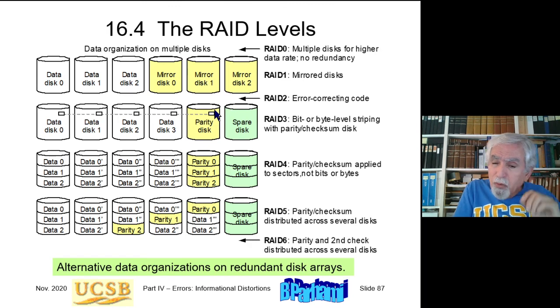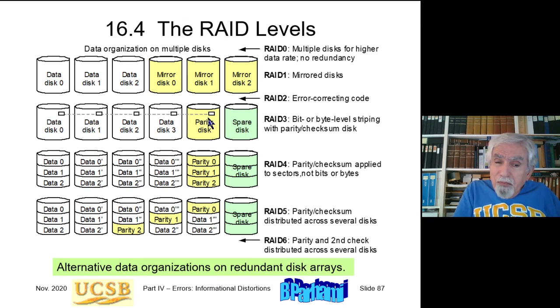So it takes hours and sometimes days to reconstruct the data on the spare disk. And meanwhile, during this long period of time, there's a chance that the second disk fails, and therefore you actually lose data because you are not set up to tolerate more than one disk failure, and you don't even have more than one spare disk.